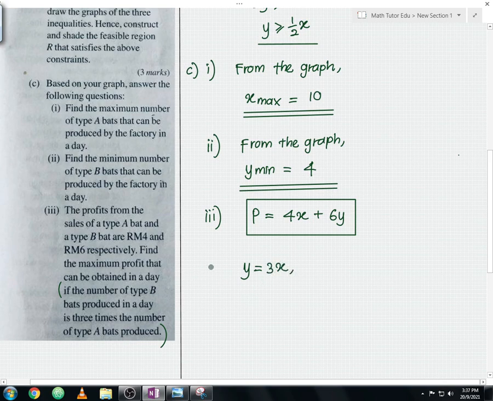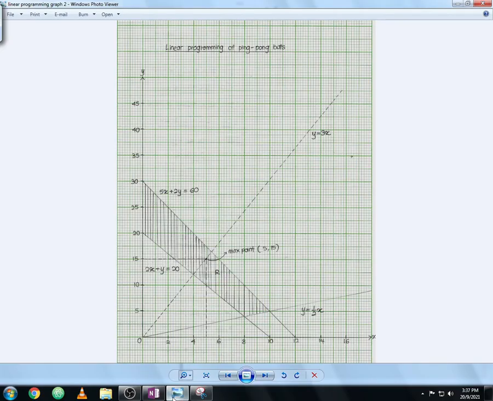So if Y equals 3X, we are required to plot this graph. Let me open the graph paper again. By the way, I've already plotted the graph of Y equals 3X for you. You can choose any 2 points and plot the graph of Y equals 3X.